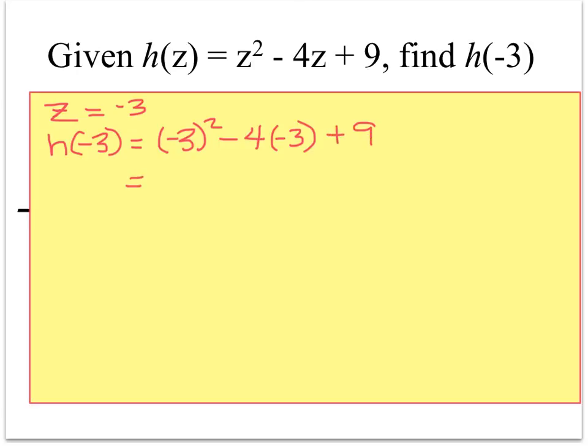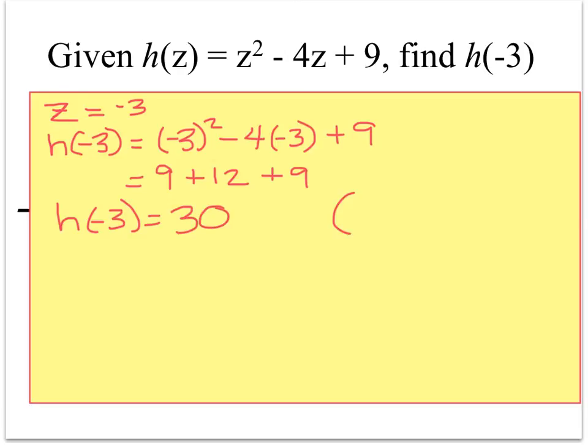We continue working this out. You're going to end up with negative 3 times negative 3 is a 9. Negative 4 times negative 3 is a positive 12. And then plus a 9. If we add that all up, you're going to end up with h of negative 3 is equal to 30.